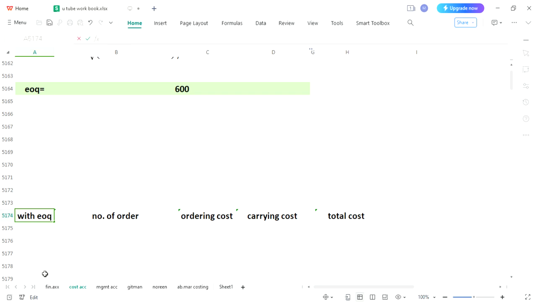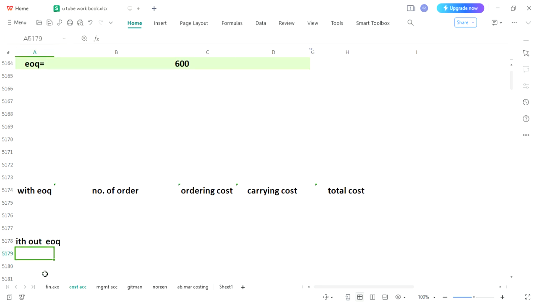I'm repeating the concept again. Without economic order quantity would be calculated over here. So carrying cost for the number of units calculated by economic order quantity, here are those numbers, 600.